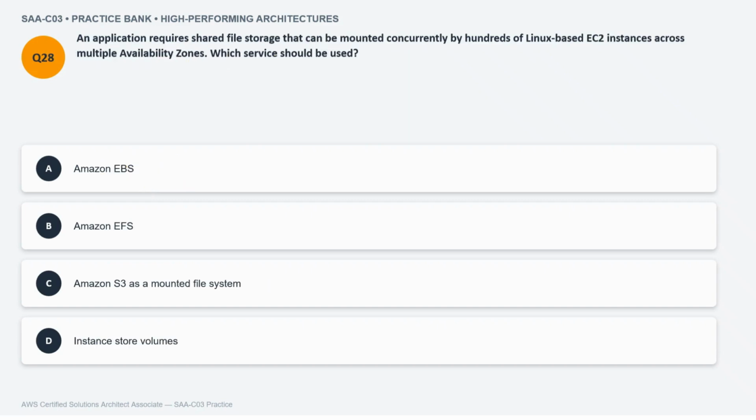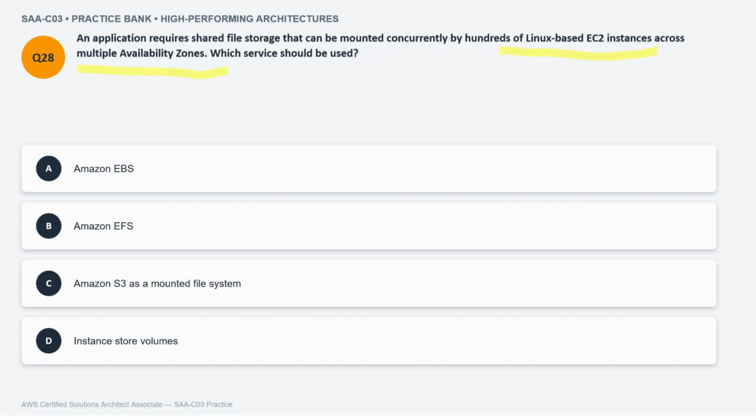Question number 28. An application requires shared file storage that can be mounted concurrently by hundreds of Linux-based EC2 instances across multiple availability zones. Which service should be used? Amazon EBS, Amazon EFS, Amazon S3 as a mounted file system, or instance store volumes.